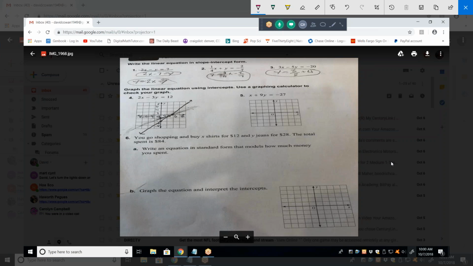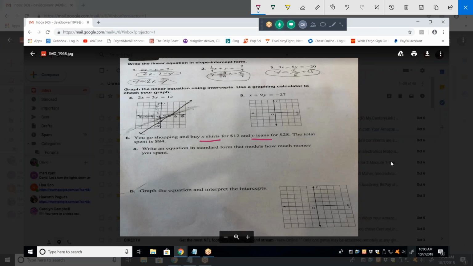You only have to do one thing: define your variables. Well, they've already done it. They got X shirts and Y jeans. So they've done the hard part.